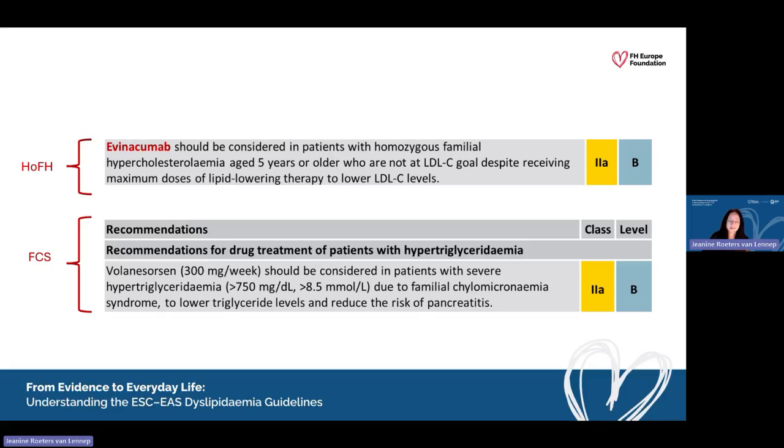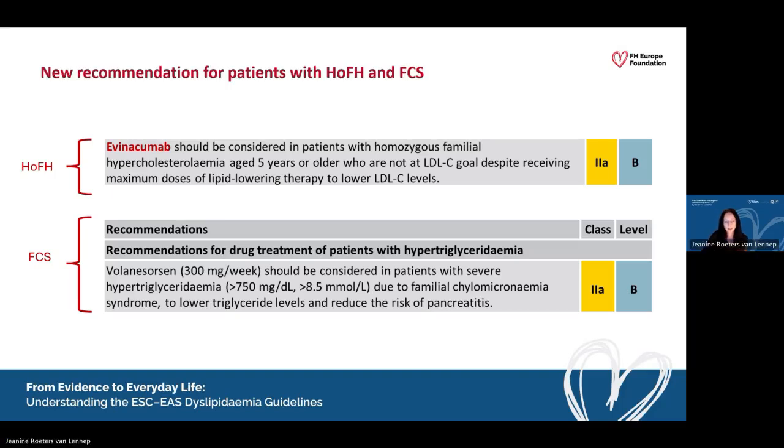And actually, this guideline is super new, but this recommendation is already a bit outdated because now we have the newer form of volanesorsen. It's called olezarsen, and that's an improved version of this drug. It's very recent, now approved by the EMA. It's a very expensive drug, so not in all countries is it available as yet.